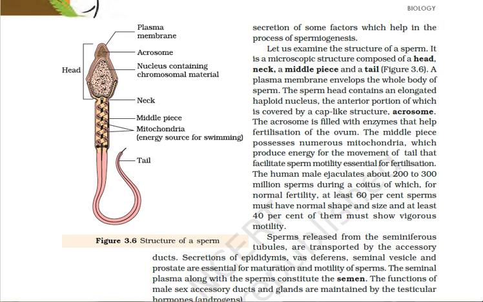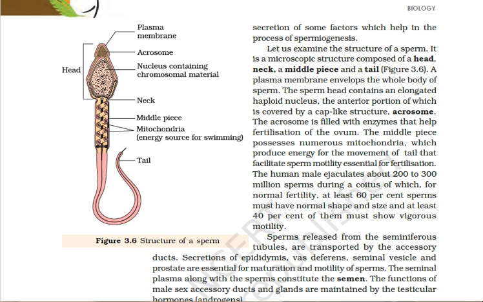The nucleus contains a haploid number of chromosomes. Over the anterior half of the nucleus is present a cap-like structure called the acrosome.